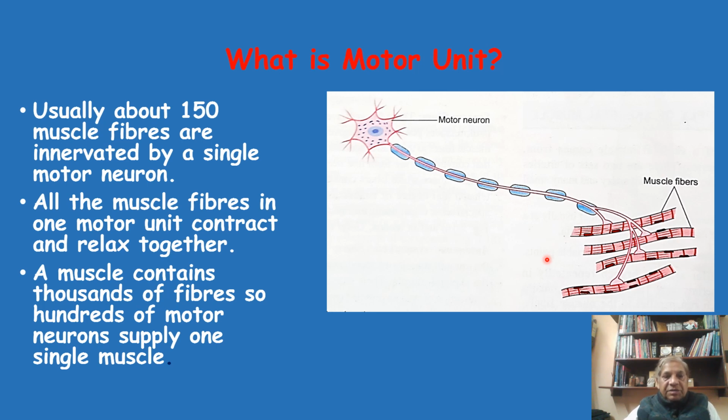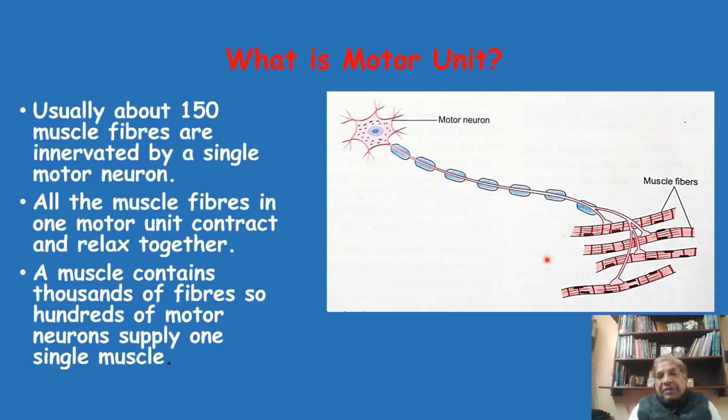As I said previously also, a muscle may contain thousands of fibers, and so hundreds of motor neurons will be needed to supply a single muscle. Say for example, your biceps muscle, which is present in the arm, is supplied by the musculocutaneous nerve, which you will learn soon if you have not learned.